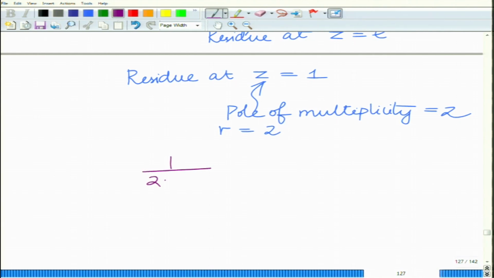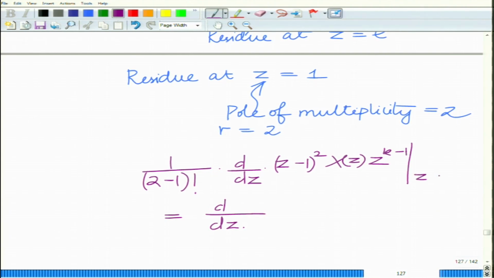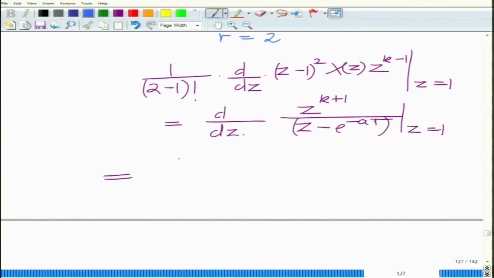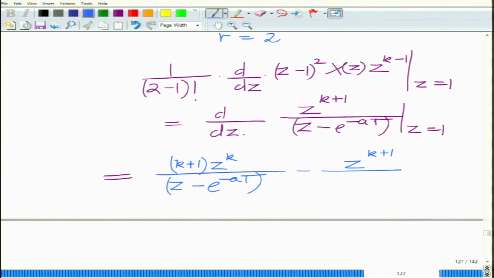Well, residue is 1 over (r minus 1) factorial d to the r minus 1 over dz to the r minus 1, that is d over dz of (z minus 1) squared X(z) z raised to k minus 1, evaluated at z equal to 1, and this reduces to d over dz of z raised to k plus 1 over (z minus e raised to minus a t) evaluated at z equal to 1, and this derivative can be computed as follows: (k plus 1) z raised to k over (z minus e raised to minus a t) minus z raised to k plus 1 over (z minus e raised to minus a t) whole square, evaluated at z equal to 1.